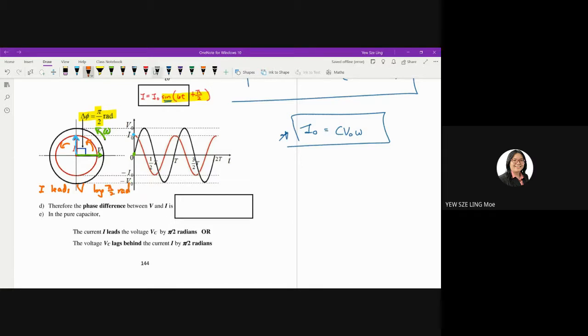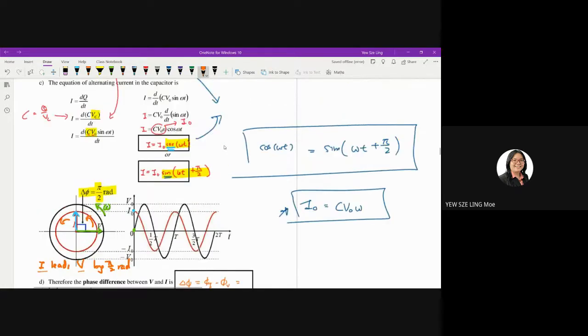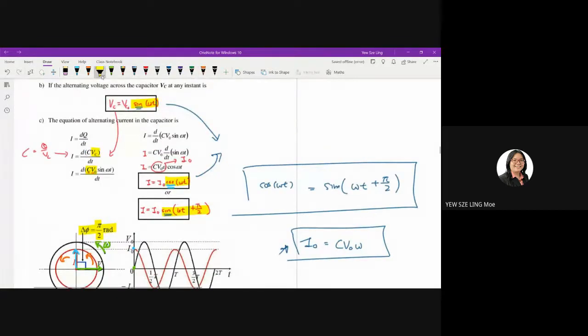But what if I want to show it by calculation? Then, of course, again, we can use delta phi. It's up to you whether you want to use phi I minus phi V or phi V minus phi I. Because now I already know I leads V, I'm going to use phi I minus phi V. Remember what I told you just now: if you're going to use sine, then both of them must be sine.